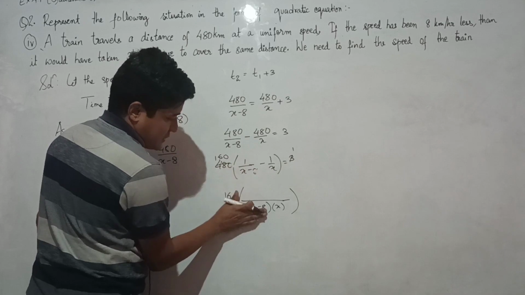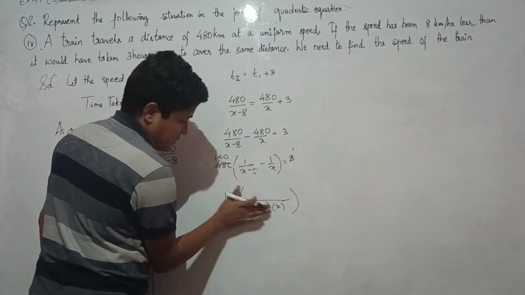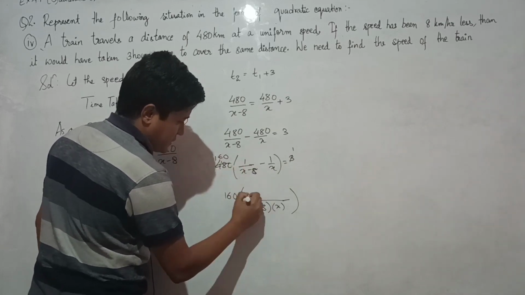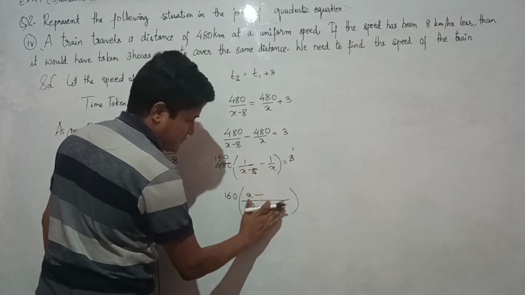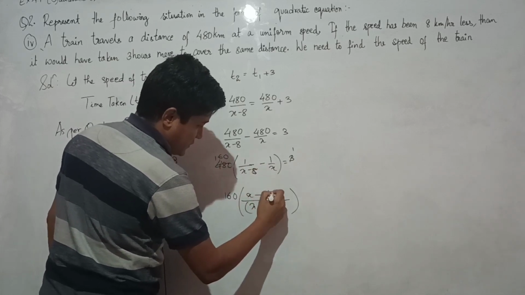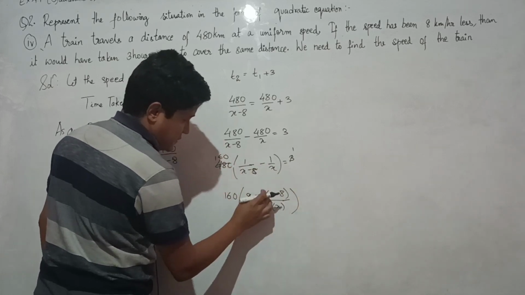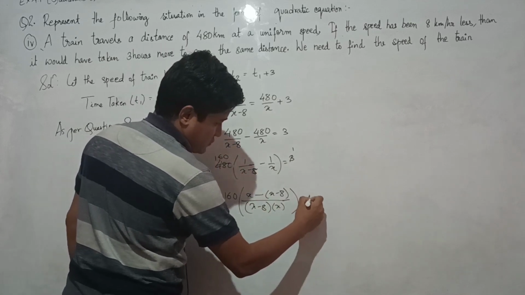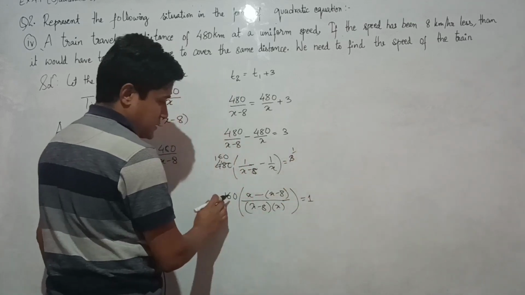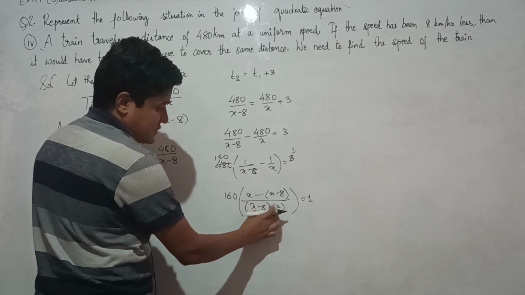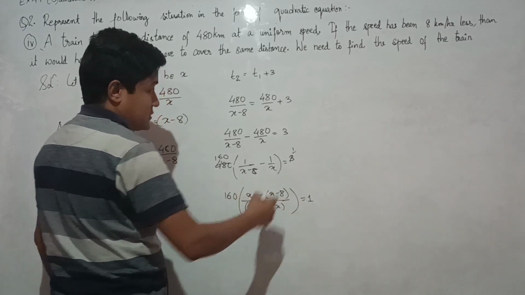So x and x, if we cancel these two, only x will remain, and if we cancel x there will be x minus 8 remaining, equals 1. Okay, now we can send this to the numerator and solve this.